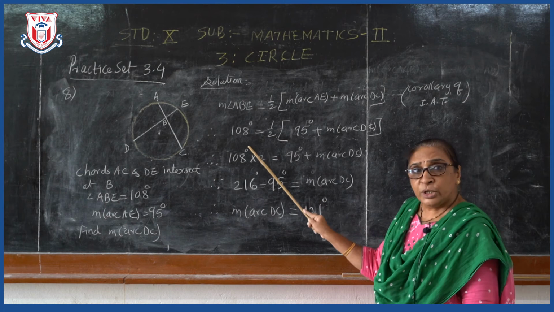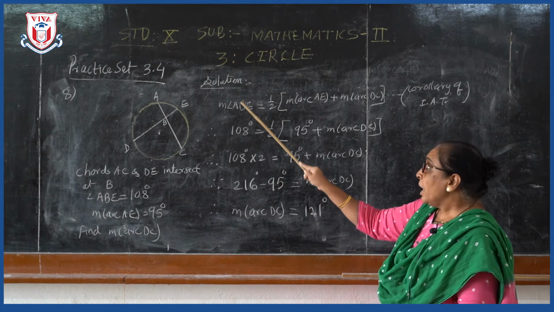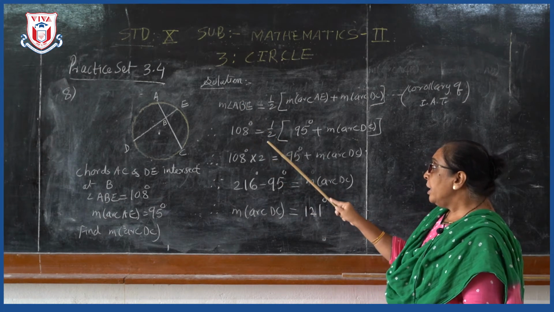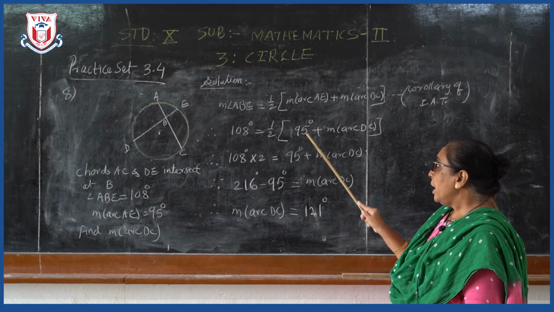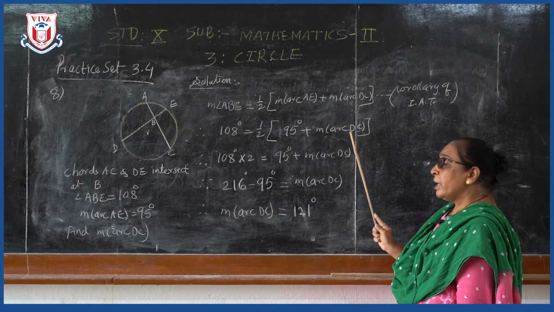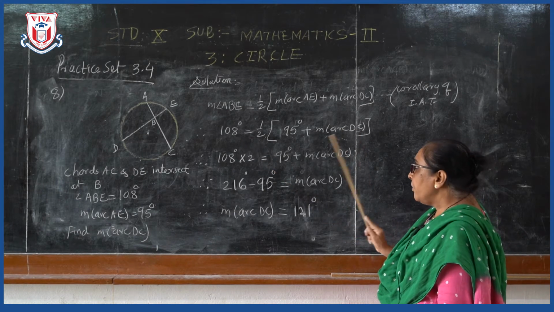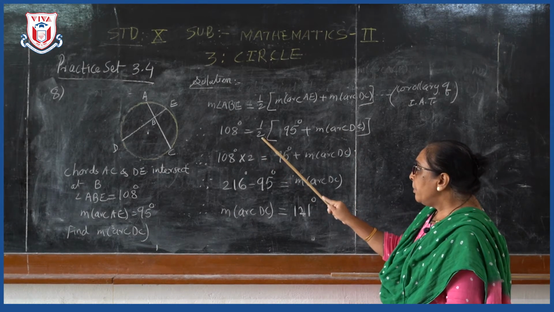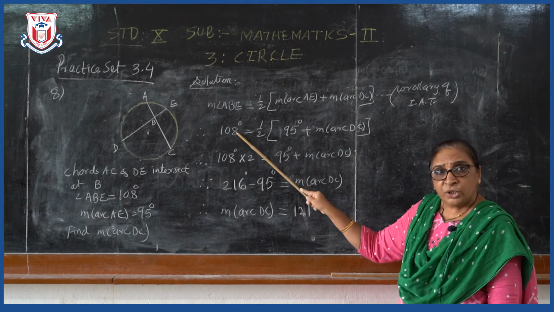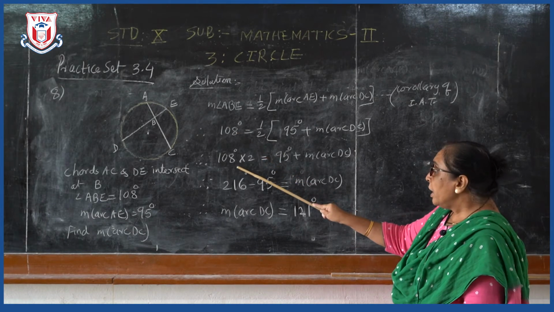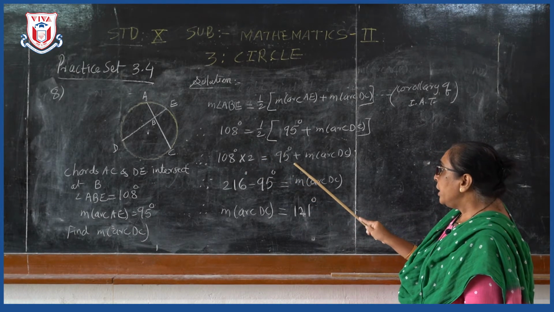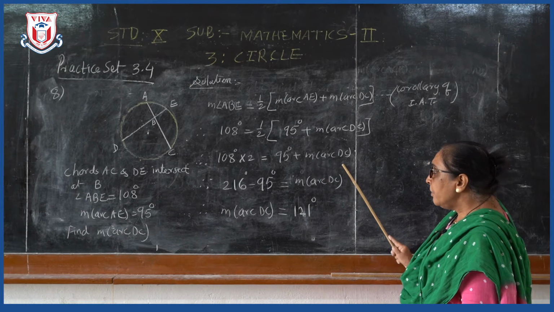Now you can substitute the given values. Angle ABE is 108 degrees, arc AE is 95 degrees, and arc DC we have to find out. Now we can simplify this. By cross multiplication, 108 multiplied by 2 is equal to 95 plus measure of arc DC.